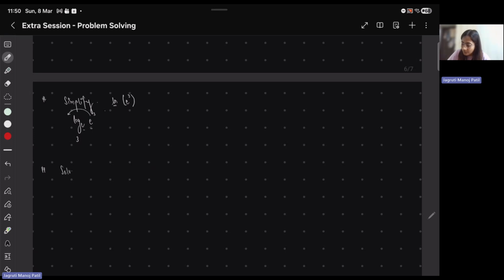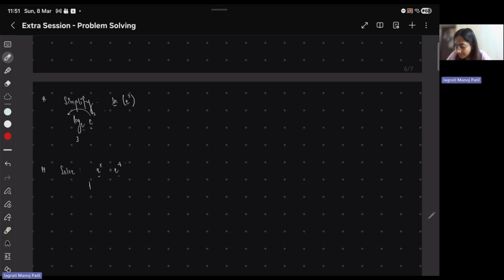Now here, solve e raised to x equals e raised to 4. How will we do this? Think on it. We had similar questions like this where our bases are the same and exponentials are one to one.